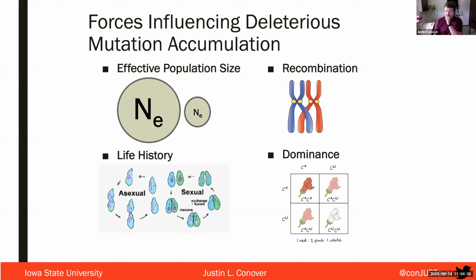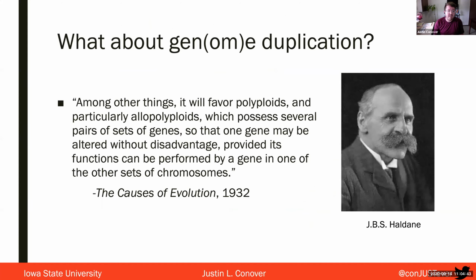One aspect that hasn't been well studied in deleterious mutation accumulation is the impact of gene and genome duplication. If anybody's familiar with population genetics, they've probably heard of the name J.B.S. Haldane. When he was developing his basic theories of population genetics, he actually thought quite a bit about polyploids.